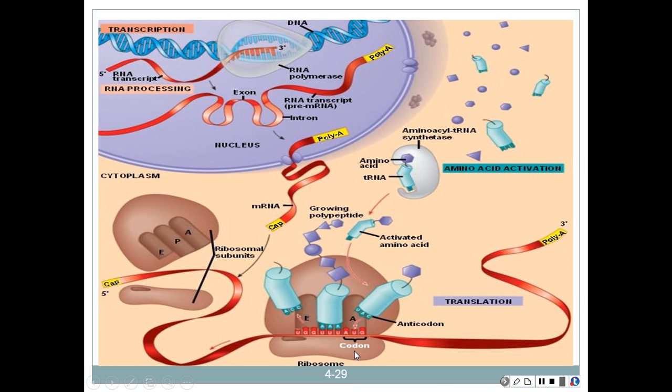The A site binds a protein called release factor instead of the tRNA. So you're not going to have a tRNA binding to this A site. You're going to have a release factor. Now this causes the release of the protein from the ribosome.